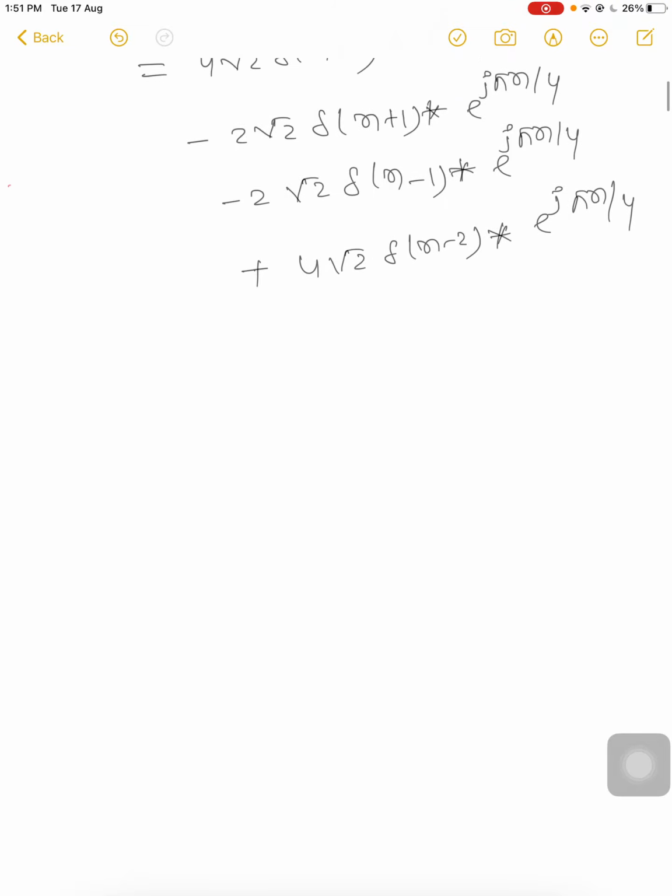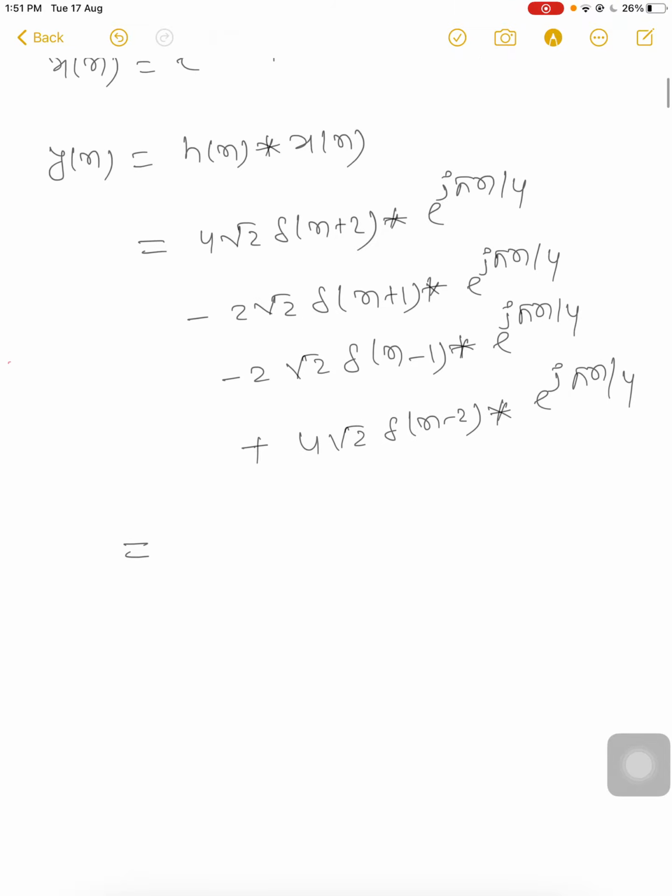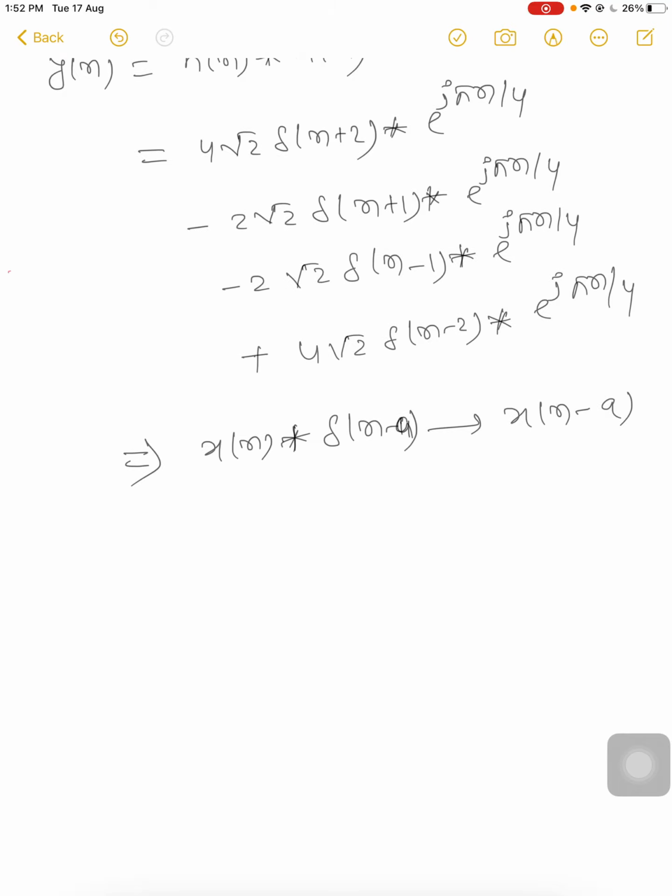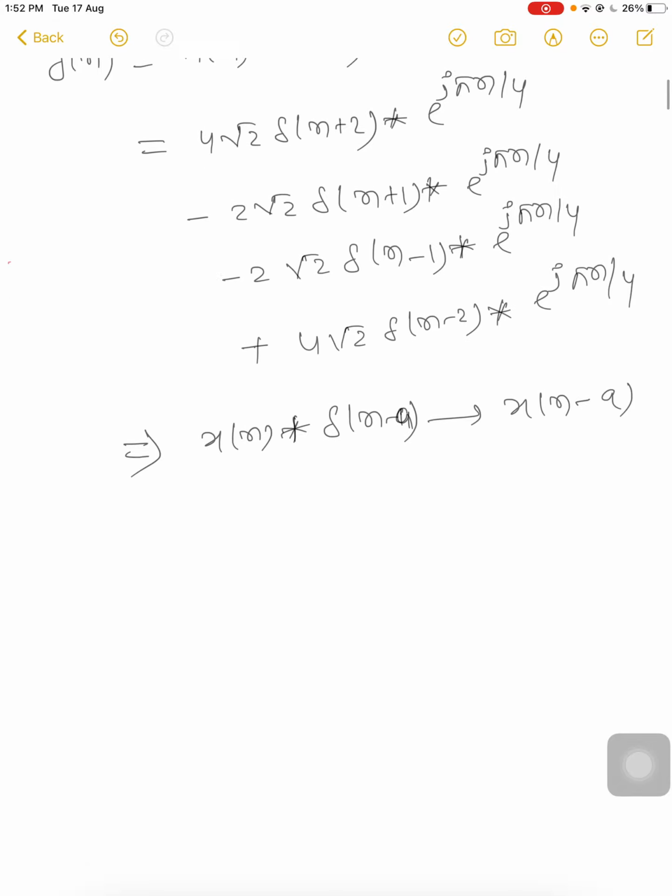Now we know that after convolution with an impulse signal, for example x[n] convolution with delta[n minus a] will be x[n minus a]. Whatever the shifting value is, that way we have to put it.